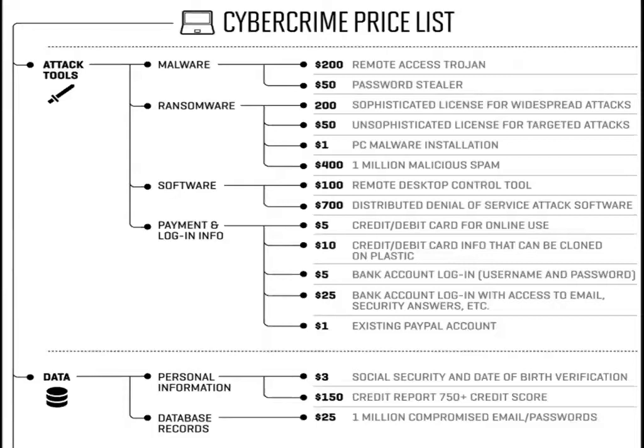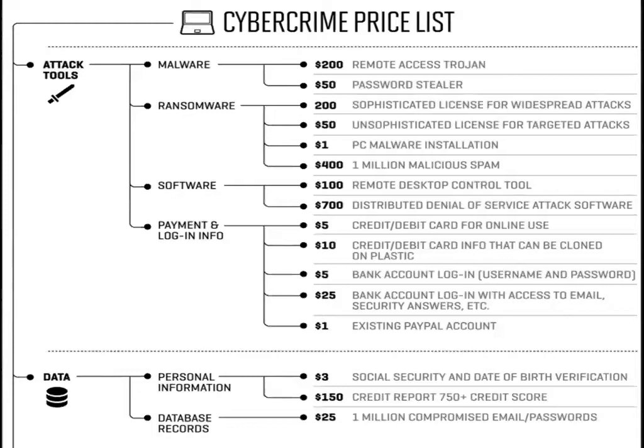You can also see the credit and bank account details, just how little that costs as well. And then also, when you go down to the bottom of the slide, you're talking about personal information. This is very much in the United States, but Social Security and date of birth is as little as $3.